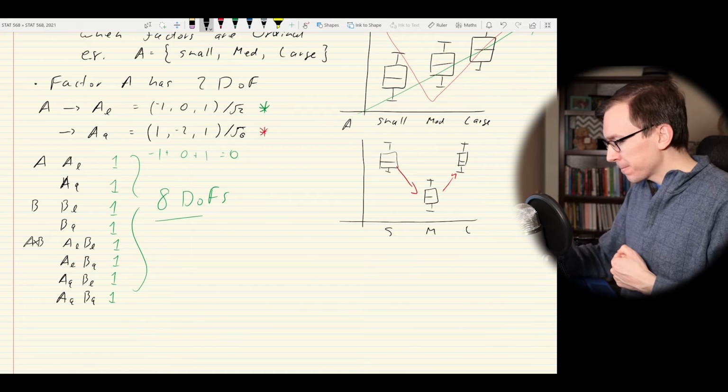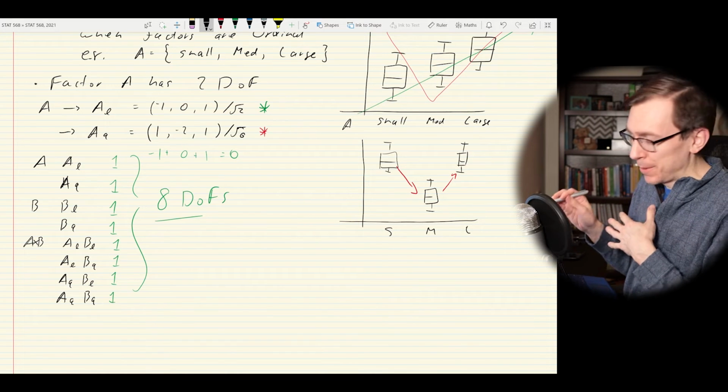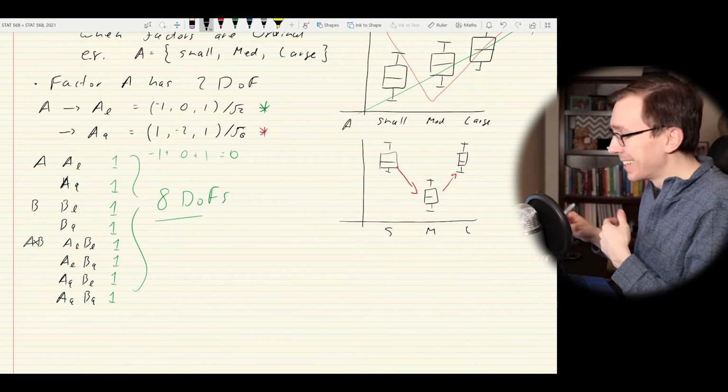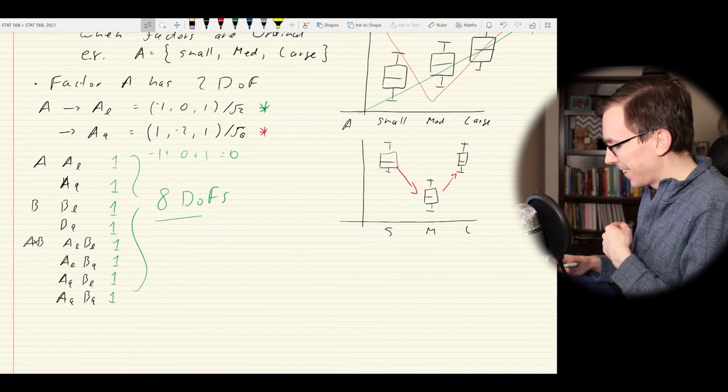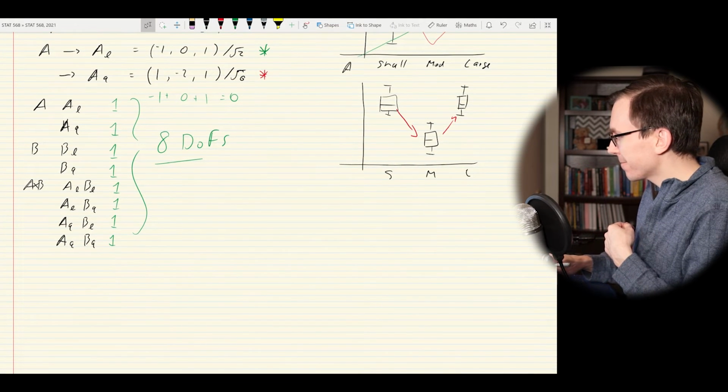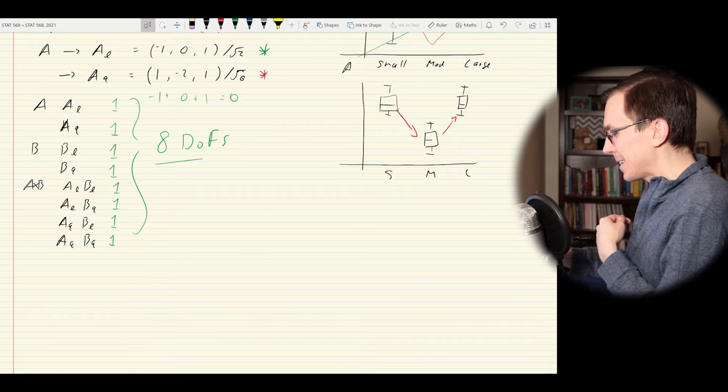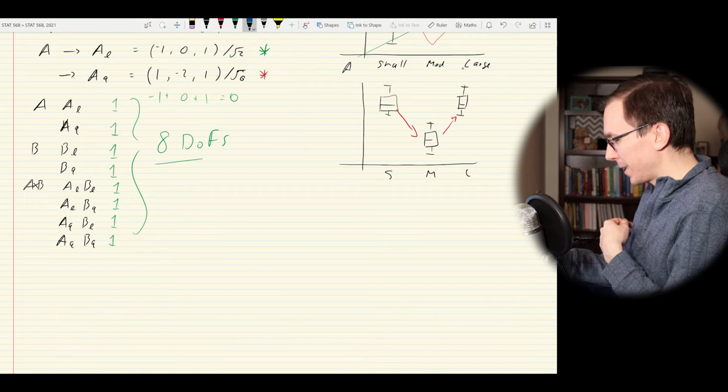So the formulas are pretty terrible. I'm going to write them all down and we can stare at them for a second. As above, we had the formula for A with linear and quadratic contrasts.